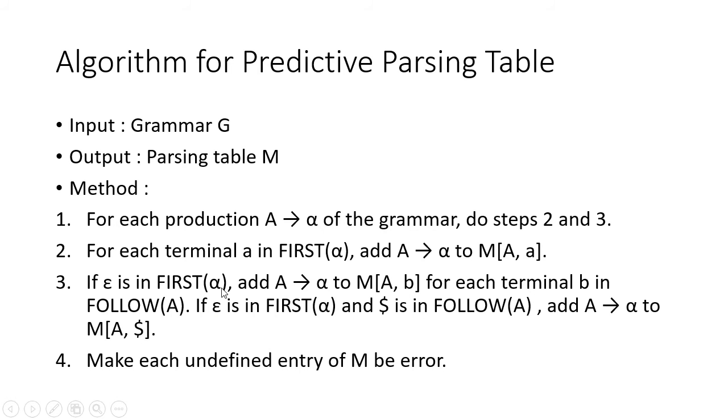If epsilon is in the first of alpha, remember this, then at A derives alpha, add it to M[A, b] for each terminal b in follow of A. If epsilon is in the first of alpha and dollar is in follow of A, add A derives alpha to M[A, $]. See the first statement: if epsilon is in the first of alpha, then add A derives alpha to M[A, b], where b is a terminal in follow of A. That means b are all the symbols which are in follow of A.